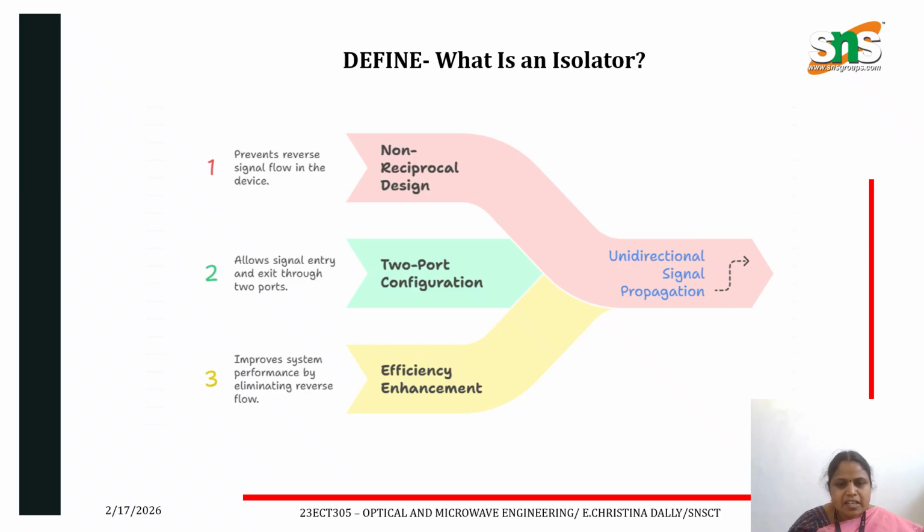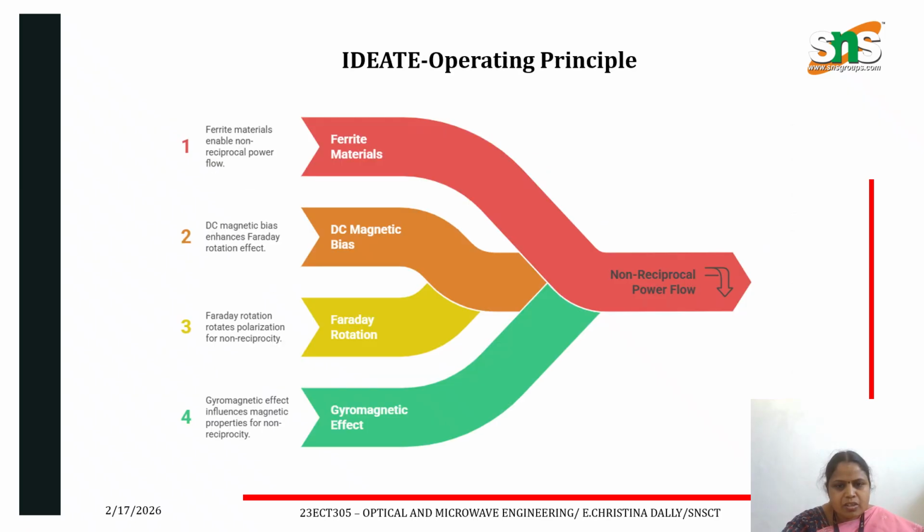It blocks the reverse signal and allows the signal to enter and exit through these two ports. The main purpose is to improve system performance by eliminating the reverse flow. These are all the points on the isolator.